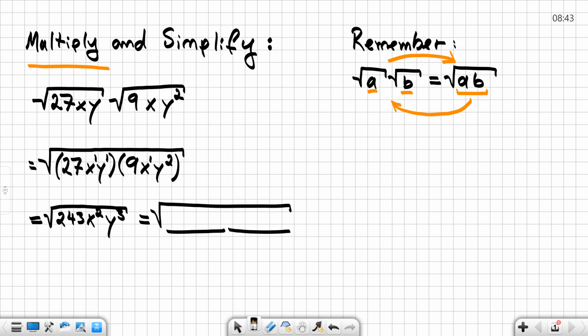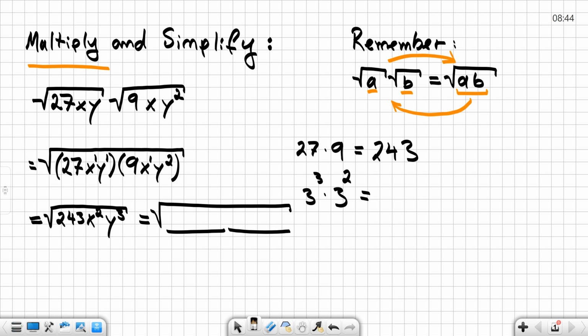Now 27 is the same thing as 3 cubed. 9 is the same thing as 3 squared. Now, if I multiply these together using my rules of exponents, I add the exponents and get 3 raised to the 5th. What this tells me is that there is an even exponent inside the 5, and this is 3 raised to the 4th.